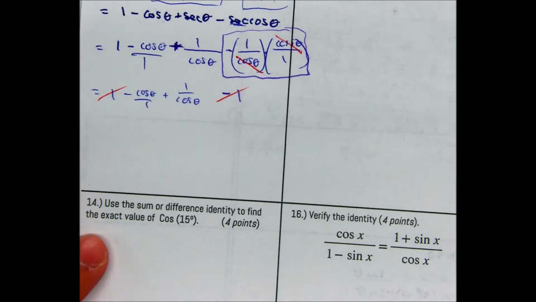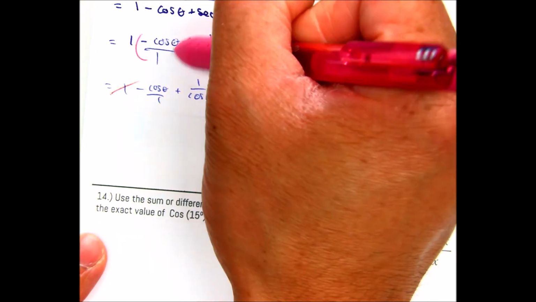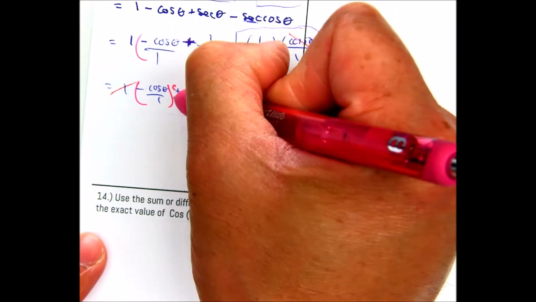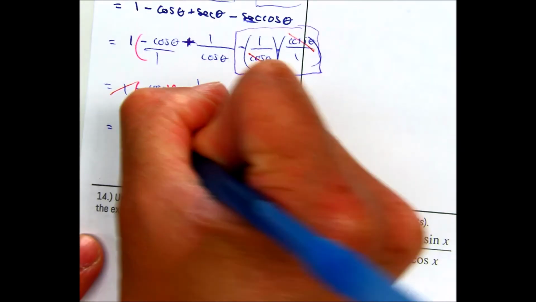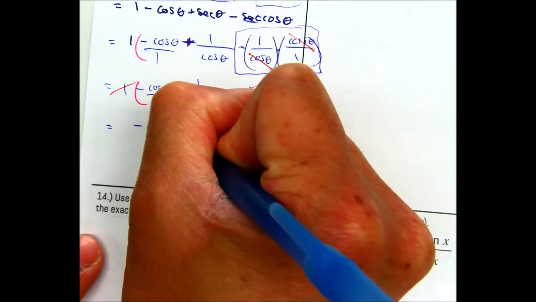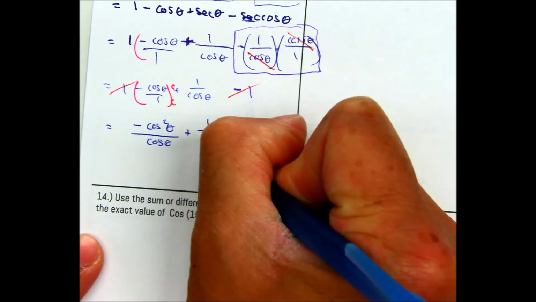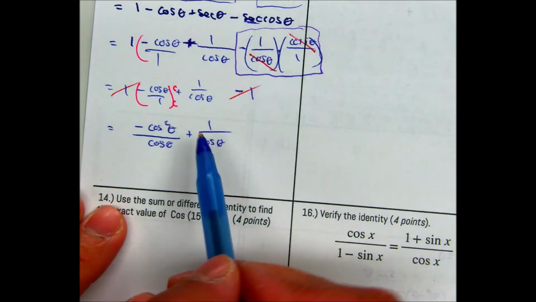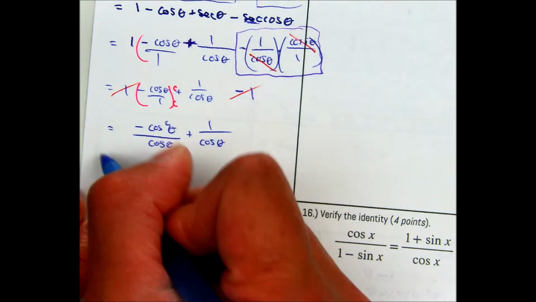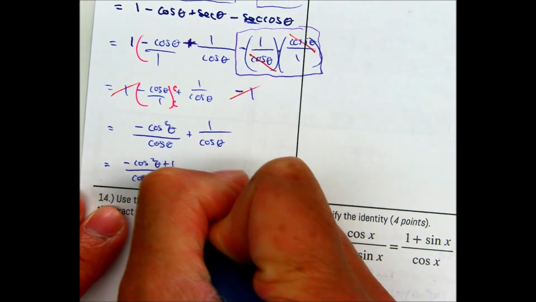What does that mean? This has a cosine, this one doesn't, so I'm going to multiply this side by cosine over cosine. What is that going to get me? Negative cosine squared theta over cosine of theta plus 1 over cosine of theta. Now if you look at this, now I have a common denominator, so I have negative cosine squared theta plus 1 over cosine of theta.